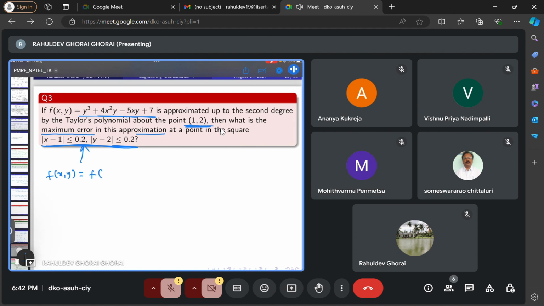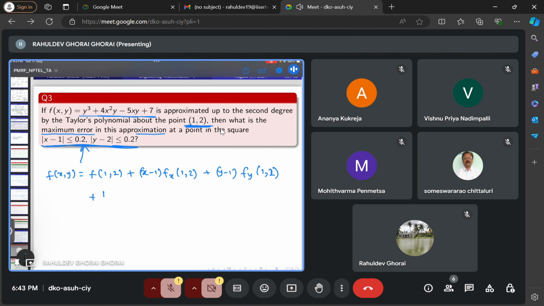So about a point 1 2, this will be f at 1 2 plus x minus 1 times fx at 1 2 plus y minus 2 times fy at 1 2. So all of you please try with me, so that these calculations are checked. If I am making a mistake, you can also tell me, right?